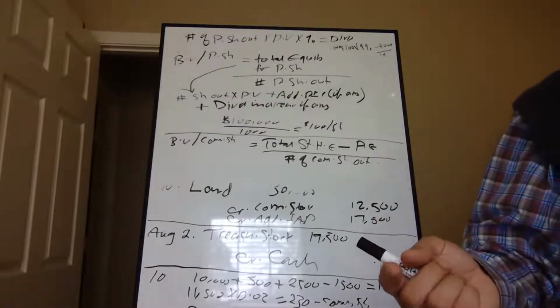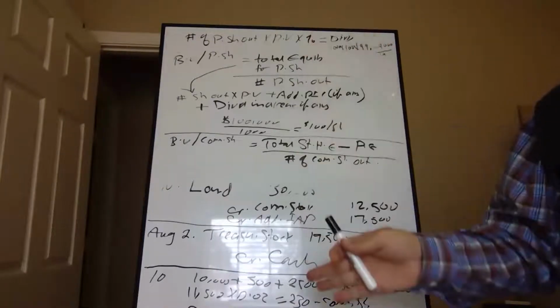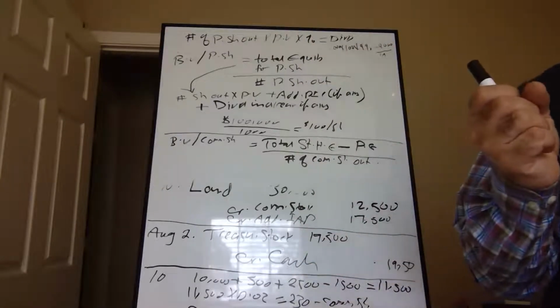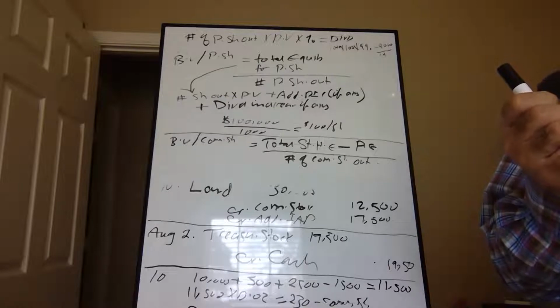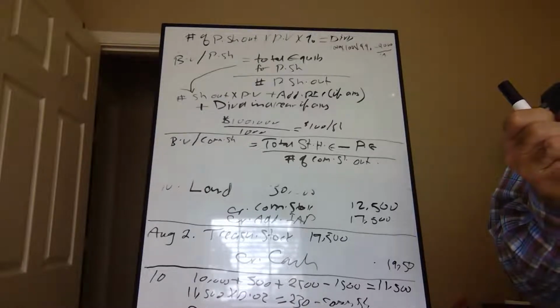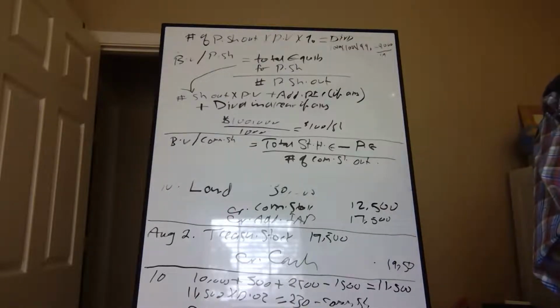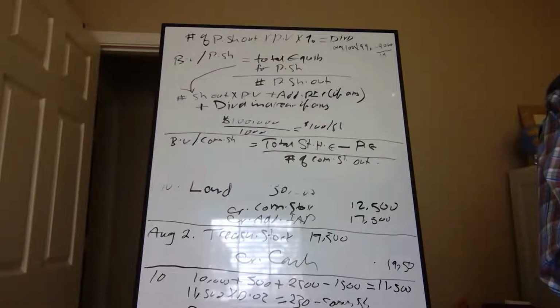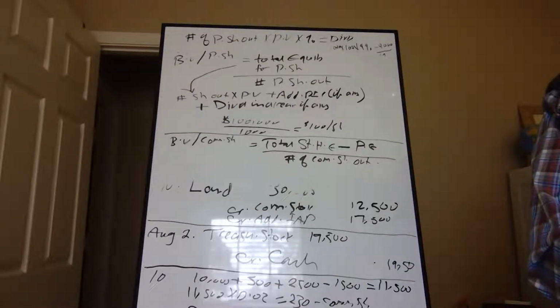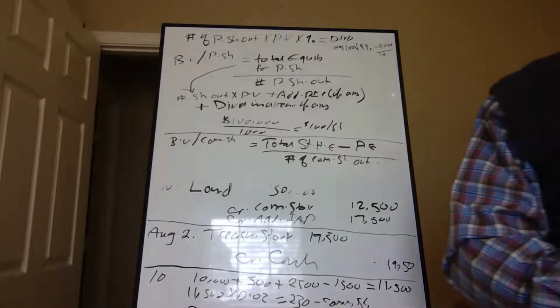plus the PIC. If we go back through the problem from the beginning, we had 3,000 plus 17,500 from the land. That's it. That's the additional capital.